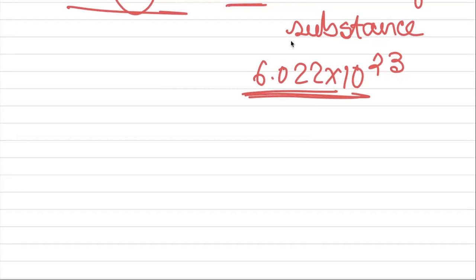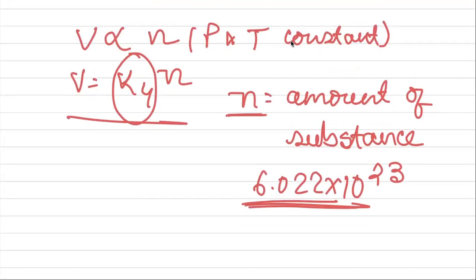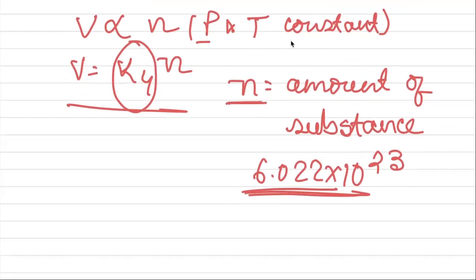Avogadro's law is the volume-amount relationship. That means at constant temperature and pressure, the same amount of gas will have the same volume.